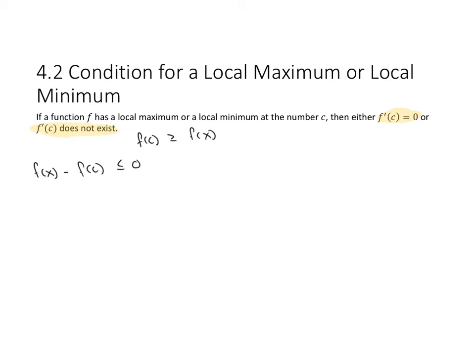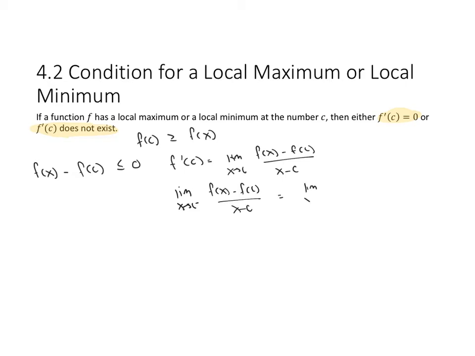Now I know that the derivative f prime of c is equal to the limit as x goes to c of f of x minus f of c all over x minus c, which also means, if this limit exists, that the limit as x goes to c from the left of f of x minus f of c over x minus c is going to equal the limit as x goes to c from the right of f of x minus f of c all over x minus c.